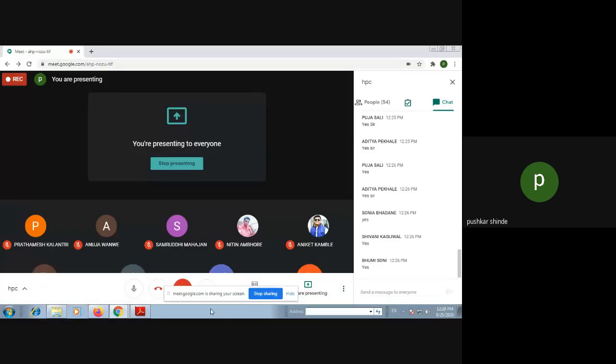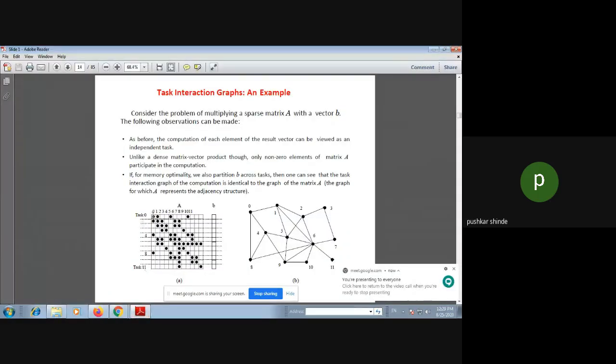You can easily see that task 0 is giving it to task 1, task 4 and task 8. So task 0 is connected by edge to task 1, task 4 and task 8 and so on, because the value B0 of the B vector is communicated to the 0 column of all the tasks. Similarly, the first value is communicated to the first column of all the tasks.